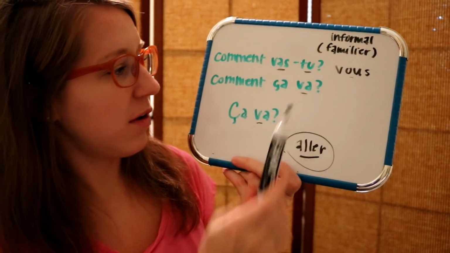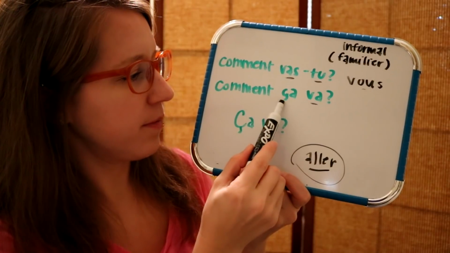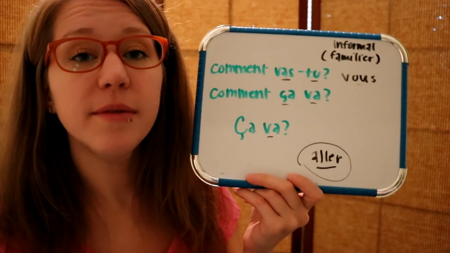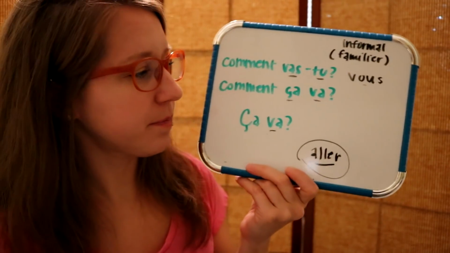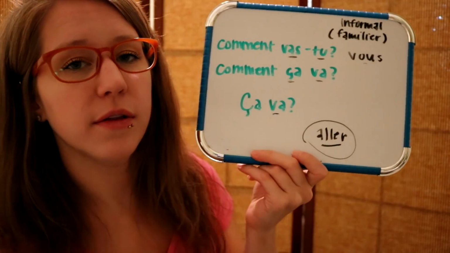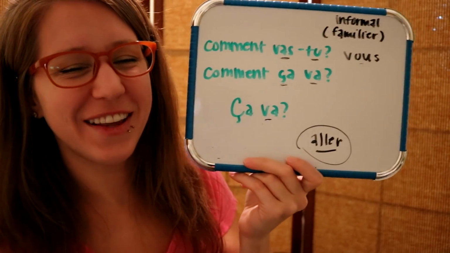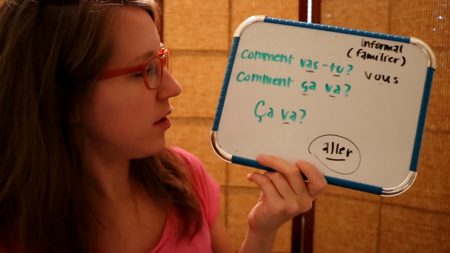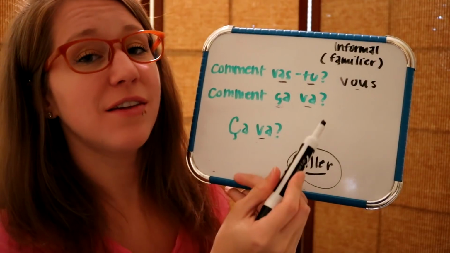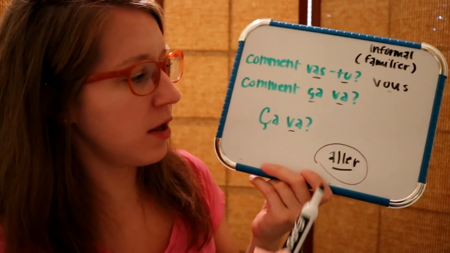Or comment ça va? Remember, we learned this accent, which is called the cedilla, and it's a little marking, like a hook, that's put on the bottom of your C that makes it sound like an S instead. So this is not ça va, ça va, comment ça va.